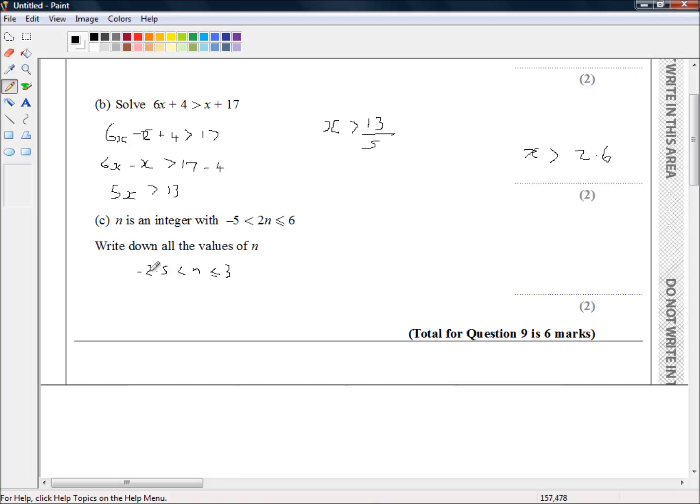So we're looking for whole numbers that are bigger than -2.5, smaller than or equal to 3. So the first number I can think of is -2, and then -1, and of course 0, which is also a whole number. And then we've got 1, 2 and 3.